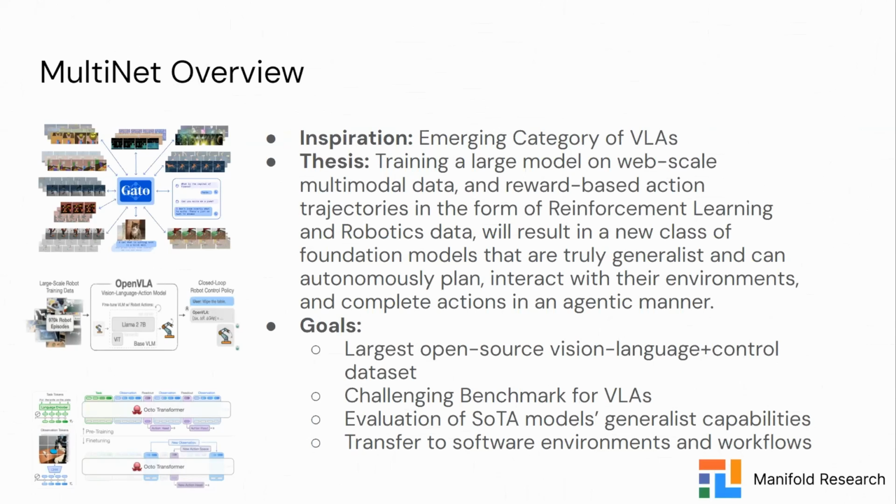So the major goals with this project: if we want to build a model of this scale, the biggest bottleneck is obviously high quality data across all these various modalities, tasks, and environments. So one of the biggest goals for this project was to build the largest open source vision language and control data set. And here control typically refers to reinforcement learning and real life robotics data.